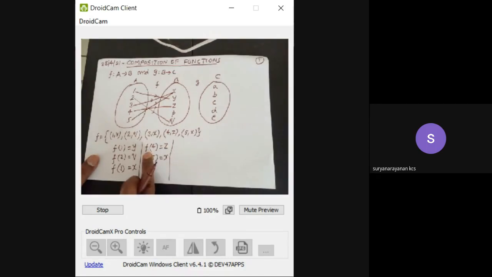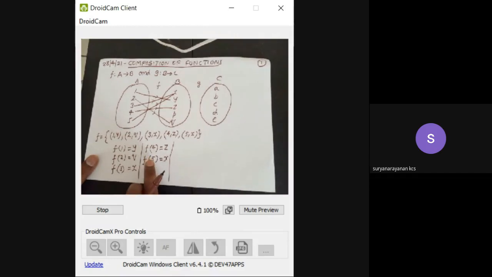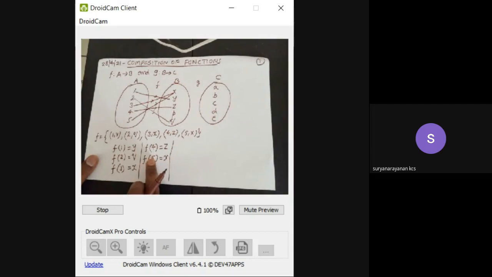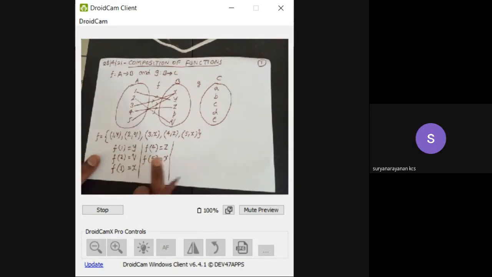Shall I write the same sentence again, or do you remember this one? We remember. Image of 5 under the function f, its value is x.